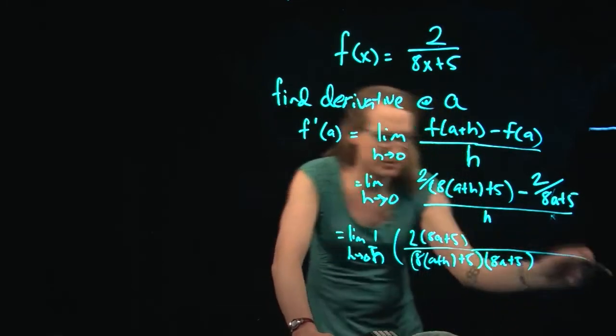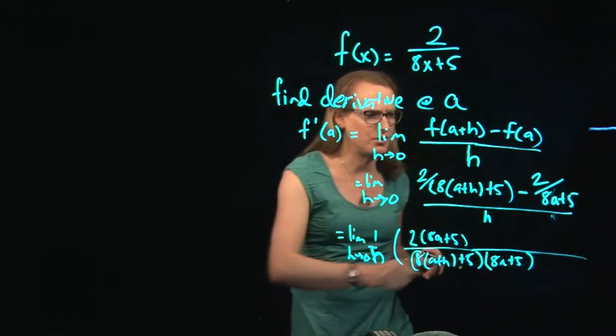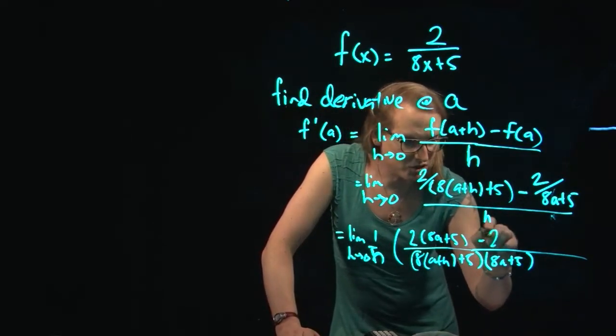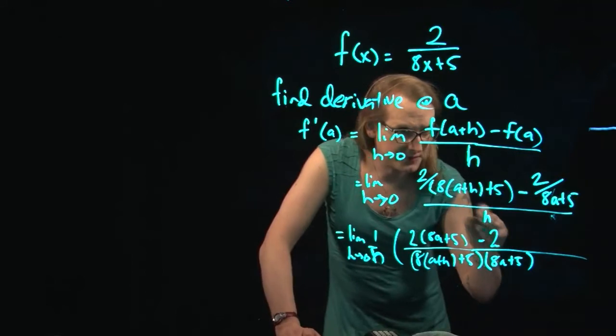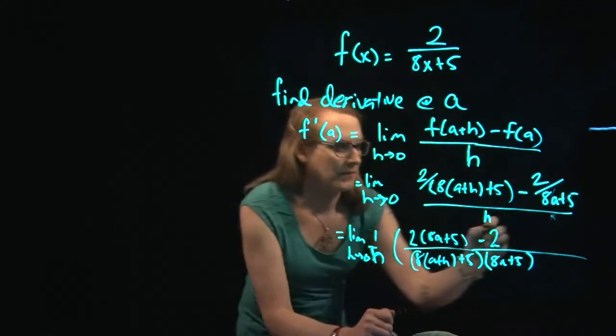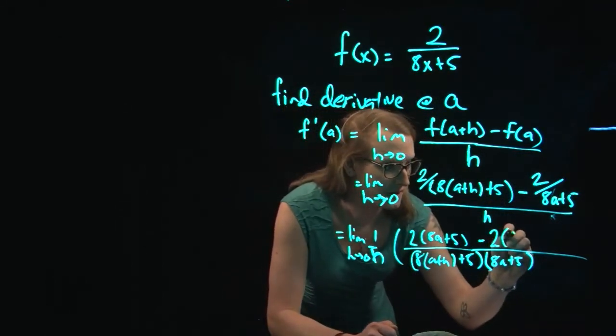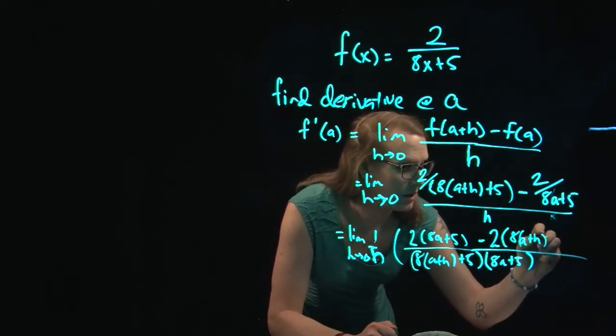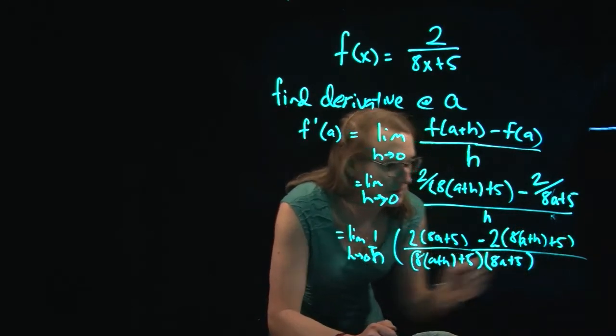I'm just going to go ahead and combine them now because I'm not going to have enough room. So now I'm going to have minus 2 times this thing right here. So that's 2 times 8a plus h plus 5.